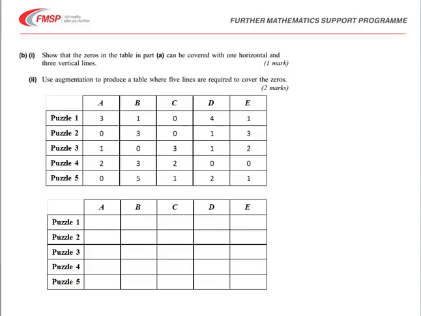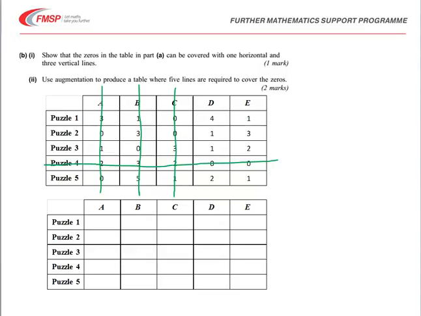It's an easy thing to see that if we put a horizontal line through row 4, so there's one horizontal line going through those zeros, and then we will need vertical lines through A, B and C. That covers all of the zeros in the table. So it's just a simple mark for doing that.